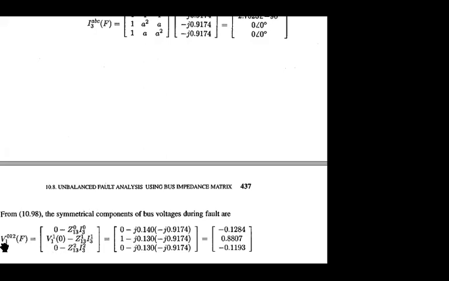So V1, this part will be Z13 I3. This I3 is the fault current for 0, 1, 2. And there you have Z130, Z131, Z132.